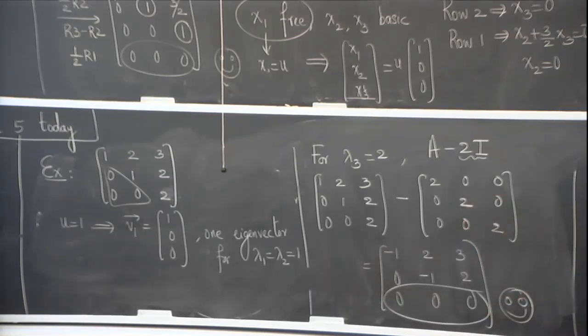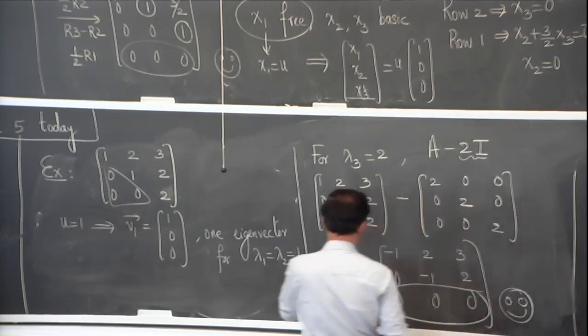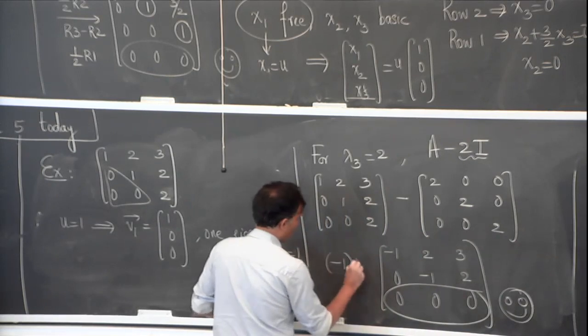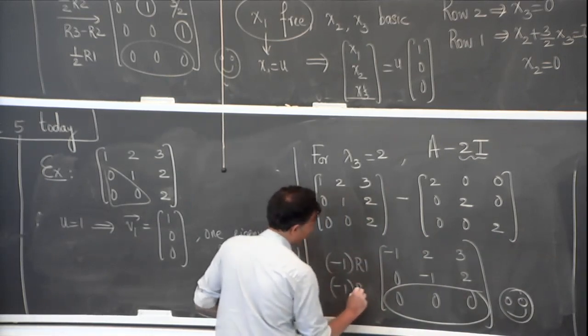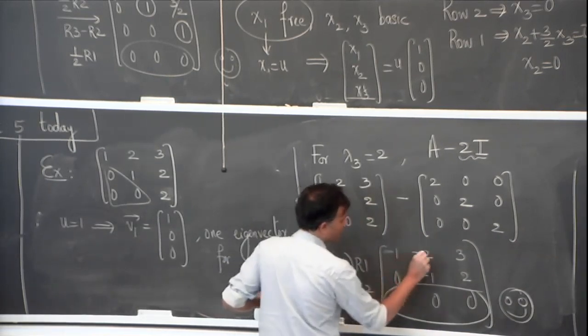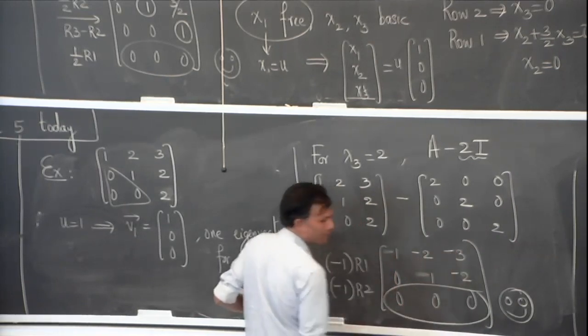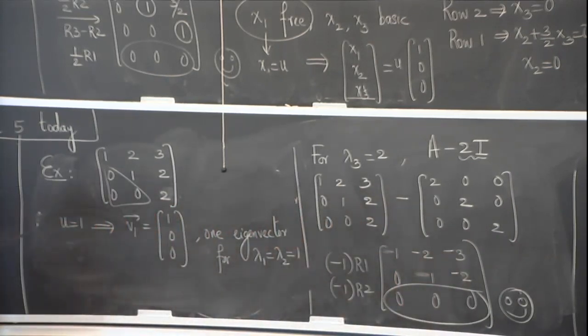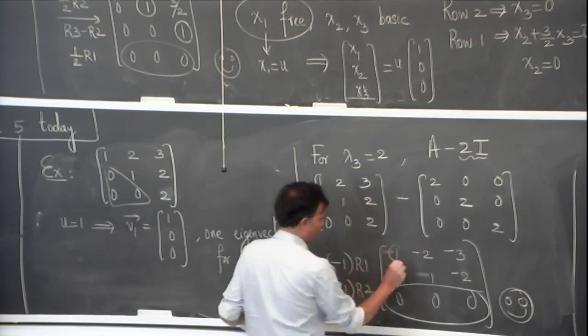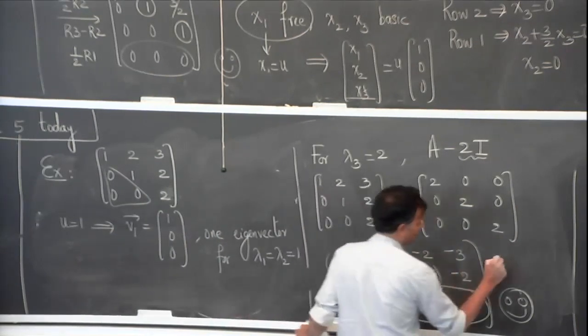It's almost in REF, right? Just need to negate the first two rows. So you can write negative 1 R1, negative 1 R2. Just pass on the negatives here and here. Happy, happy. So here there is no confusion. X1 and X2 are basic, X3 is free.